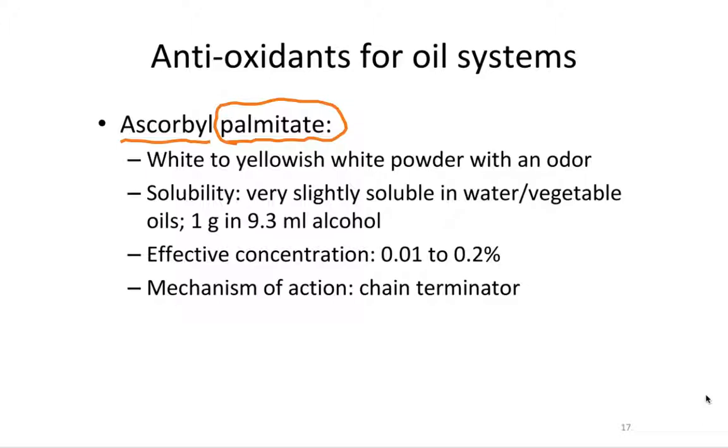It is not soluble in water. It is more soluble, or rather soluble easily, in organic material and oils. And so it's very effective in low concentrations of 0.001 to 0.2%. And the mechanism of action of this compound, ascorbyl palmitate, in oil-containing formulations is through its effectiveness as a chain terminator.